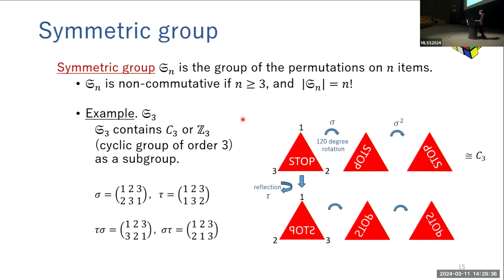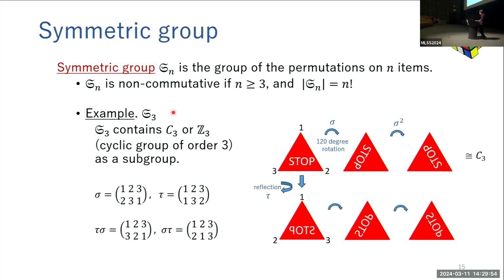And it is very easily confirmed that the symmetric group is non-commutative if n is equal to or larger than 3. And you know that the number of all the permutations is n factorial.